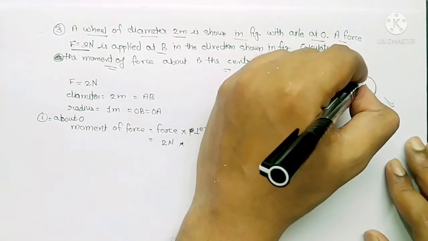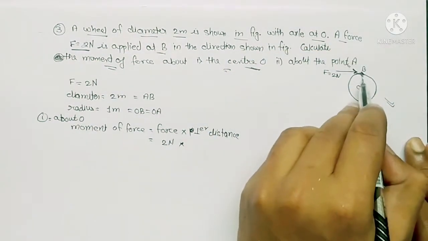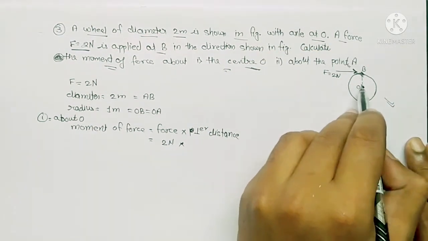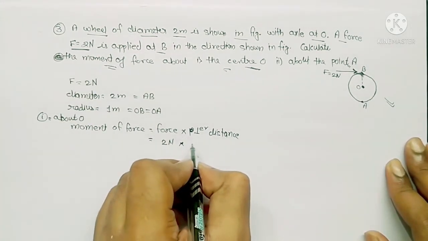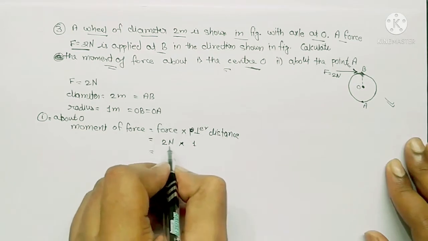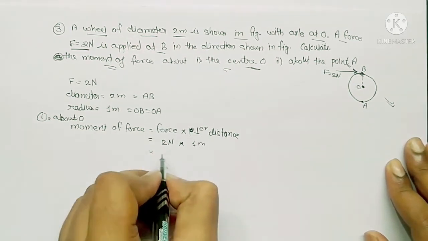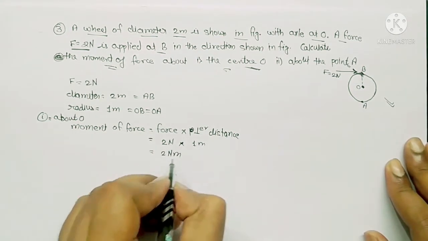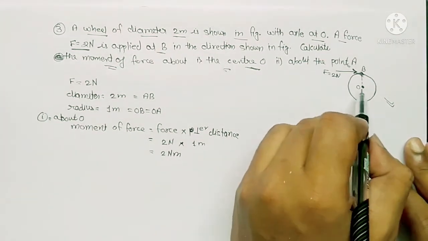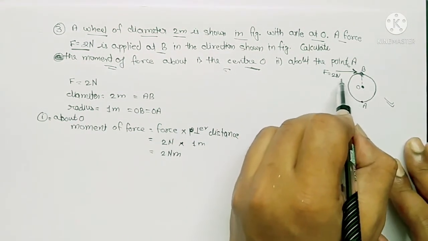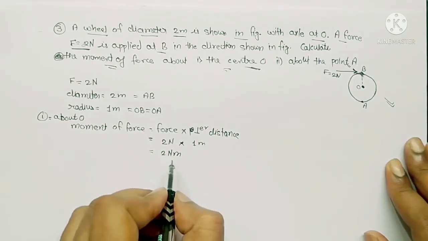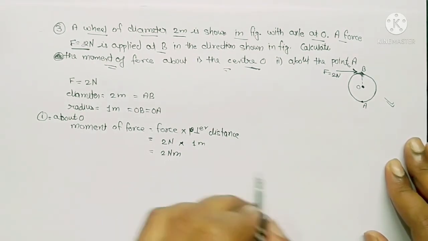So the radius will be the perpendicular distance between the force and this point. The distance, that is radius, is 1 meter. So just multiply 2 into 1 meter, that will give you 2 Newton meter. So the first case means, to rotate that wheel about a point O, we want a force of 2 Newton and the moment of force will be 2 Newton meter.